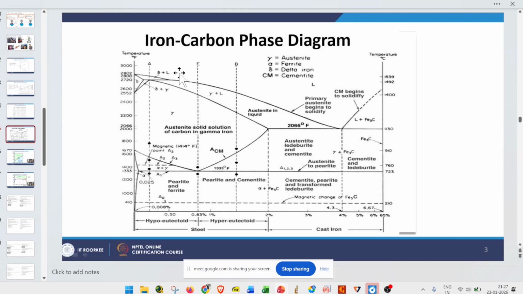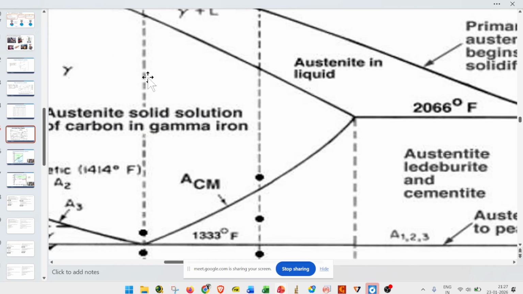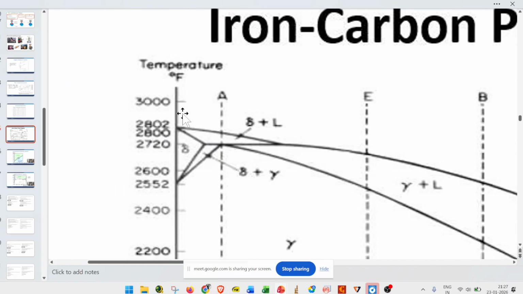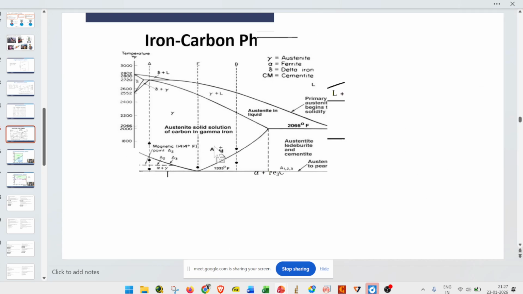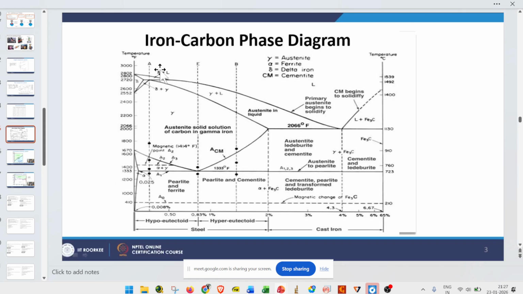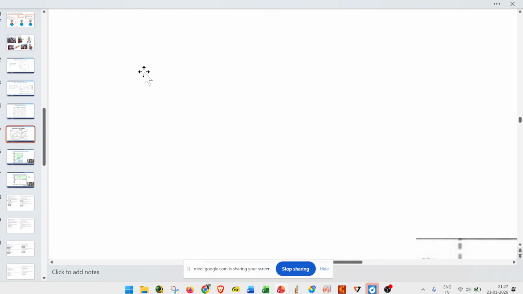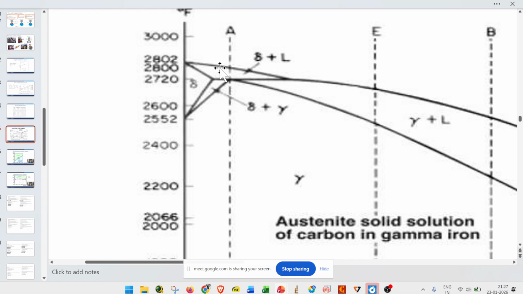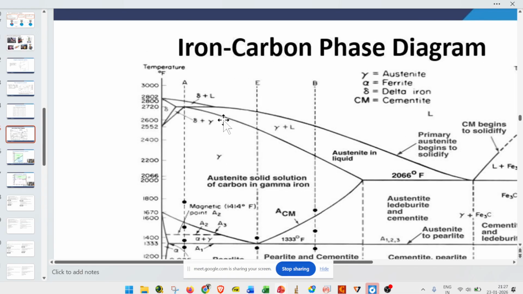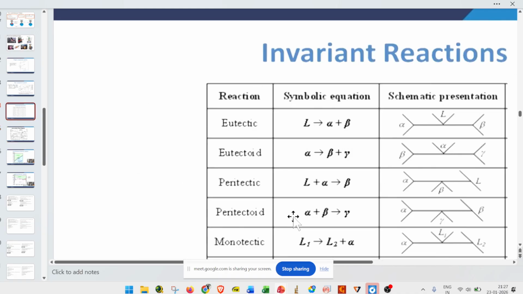Here, one liquid converts into one solid phase plus liquid phase in this region, delta phase and liquid. Which reaction could it be? One liquid converting into one liquid plus one solid phase, monotectic reaction.